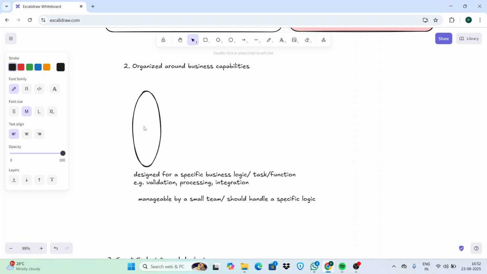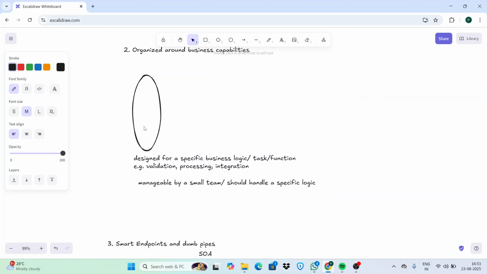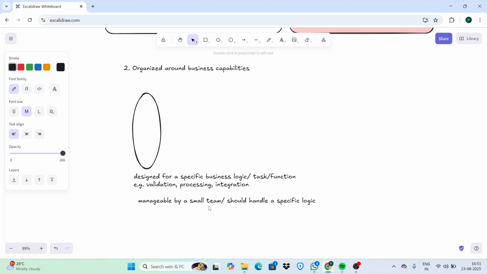So the team of each microservice should be responsible for that microservice. Rather than splitting based on technology, it should split on business capability. And the team should be as small as a two pizza team.